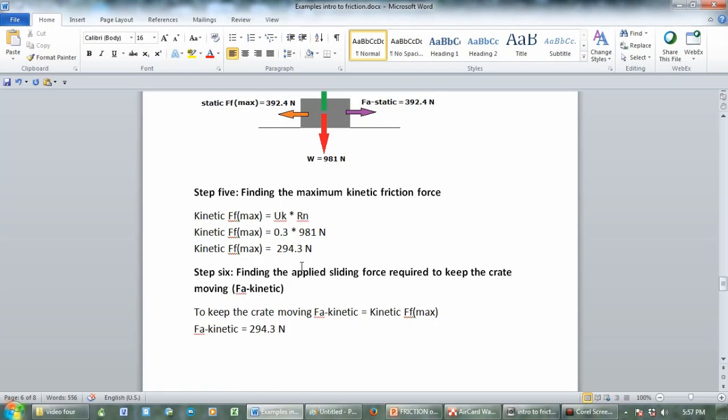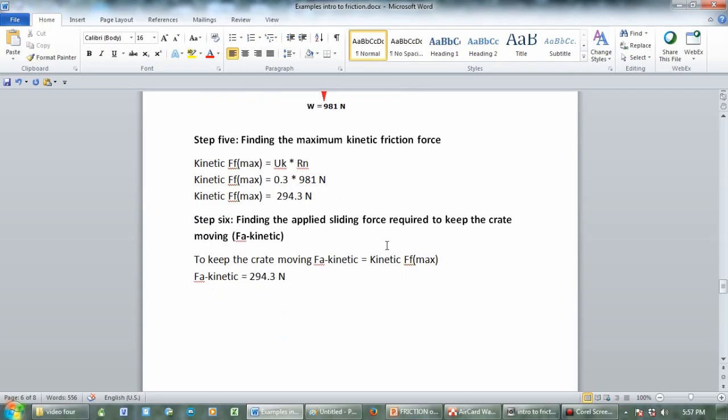Step 5. Finding the maximum kinetic friction force. Maximum kinetic friction force equals the coefficient of kinetic friction times Rn. The maximum kinetic friction force equals 0.3 times 981 newtons. The maximum kinetic friction force equals 294.3 newtons. Step 6.